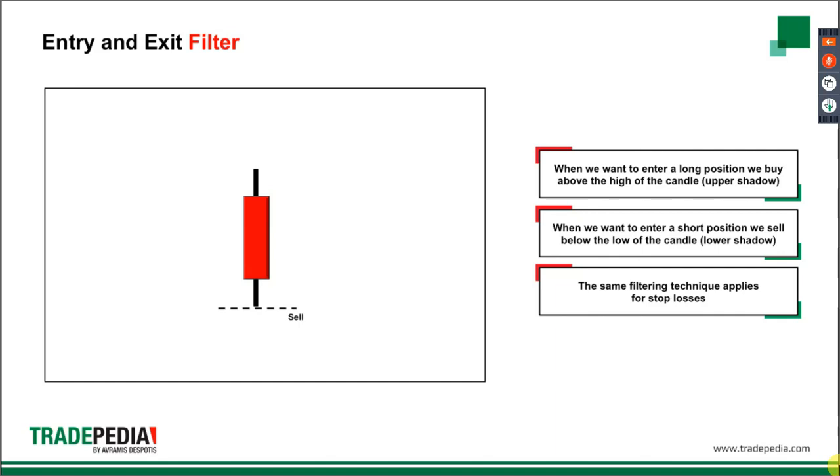Okay, the same filtering technique applies for stop losses as well, but for stop losses it's the opposite. We want to identify as many elements as we can, especially in terms of candlesticks. If you're trying to sell, you want to place the stop loss slightly above the high of the previous candle, or where you would identify a strong resistance or graphical level.